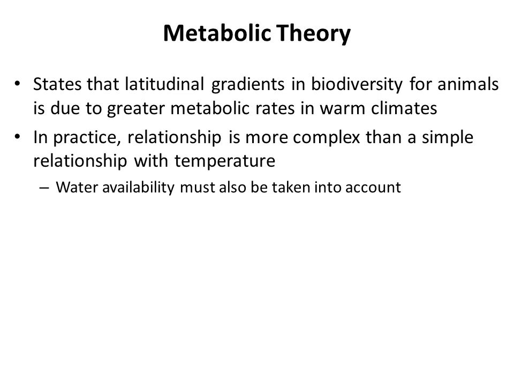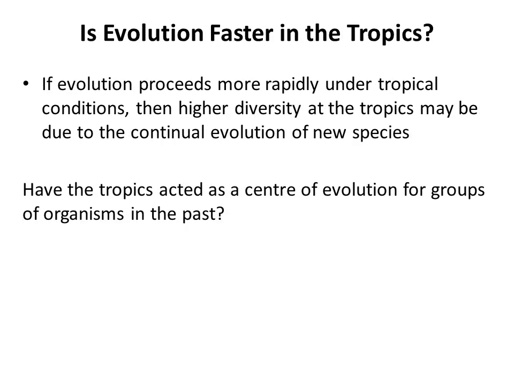Now, in practice, this relationship is more complex than a simple relationship with temperature. For example, just like the energy hypothesis, water availability also has to be taken into account. But it's a theory used for animal biodiversity that is similar to the energy hypothesis for plants.